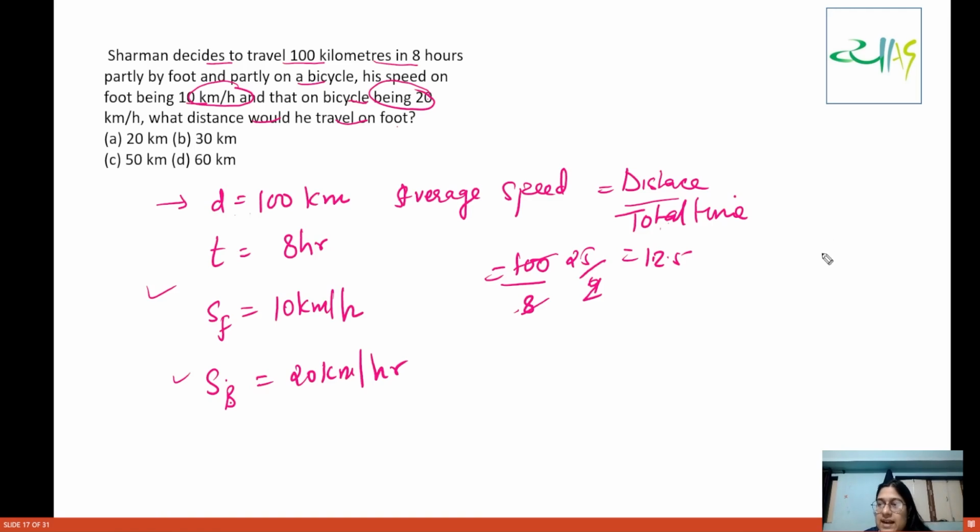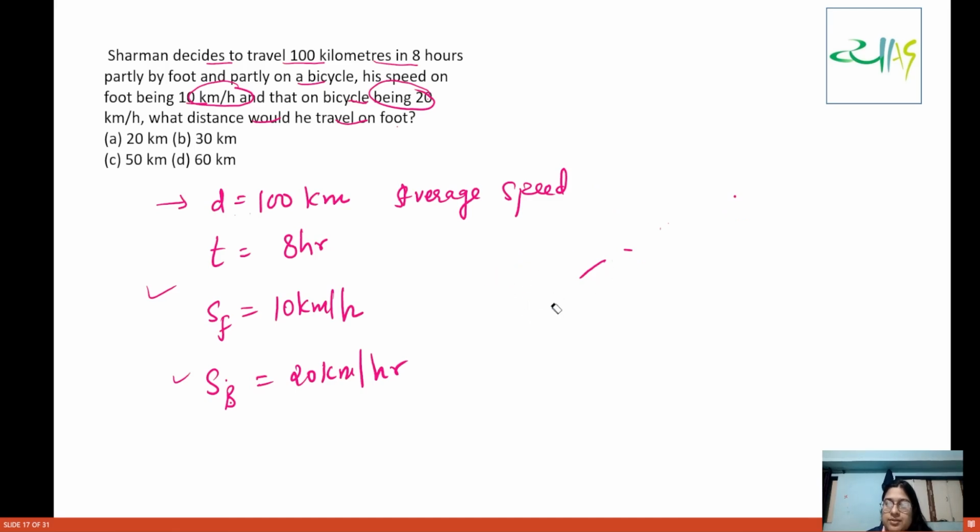Let us apply the concept of weighted average here. We got the average speed as 12.5. We have this average AW as 12.5 here, the 10 kilometer per hour speed here, and the 20 kilometer per hour speed here.